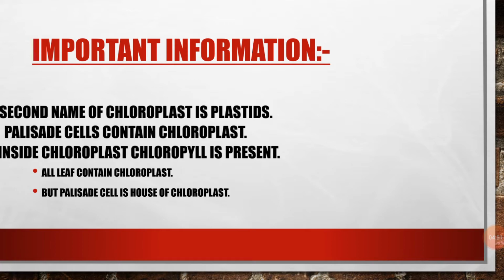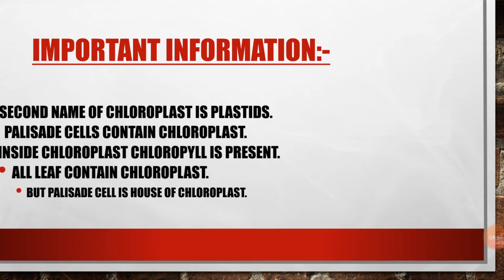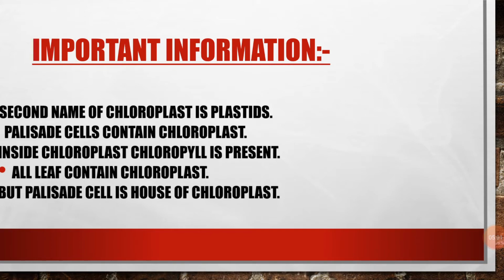They are trapping sunlight for the process of photosynthesis. All leaves contain chloroplast, but the palisade cell is the house of chloroplast. House of chloroplast means this is the place where maximum chloroplast is present and the maximum process of photosynthesis is happening here.